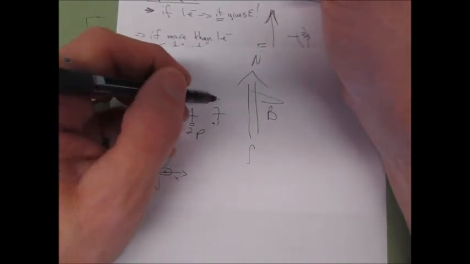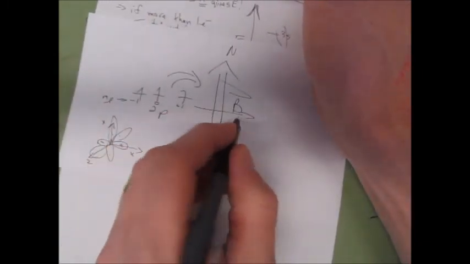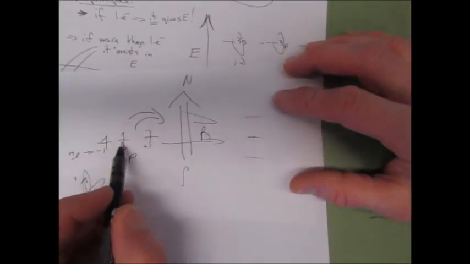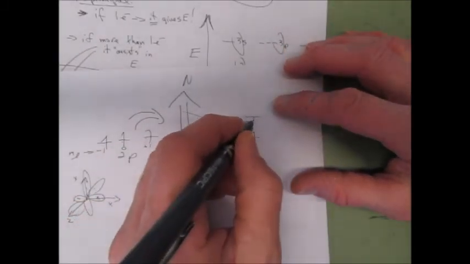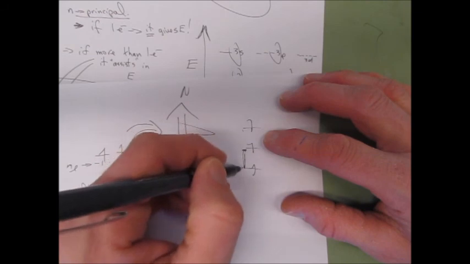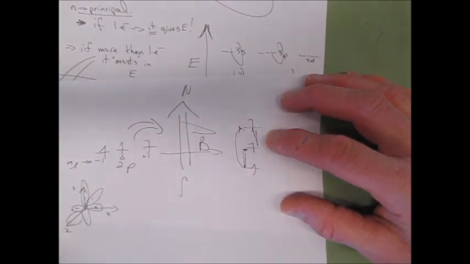As soon as you do that, you're going to get 1, 2, 3. Now, I don't know which one in this case is going to be which, but I know this. Each of these three orbitals will be at a different energy state. An experiment can now measure the differences between here and here, here and here, and here and here. That's why it's called a magnetic quantum number.